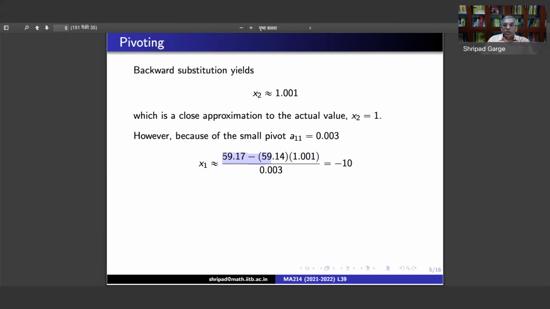Therefore, the numerator is going to become a negative quantity, and then you are dividing by a very small number. Therefore, in the rounding, you get the answer to be minus 10, whereas your correct answer is equal to 10.